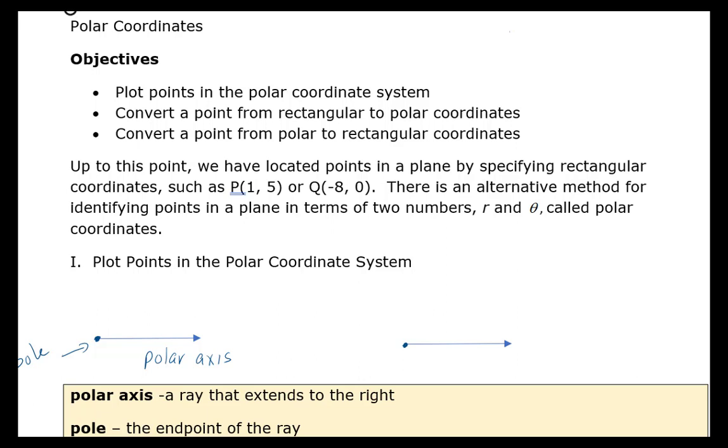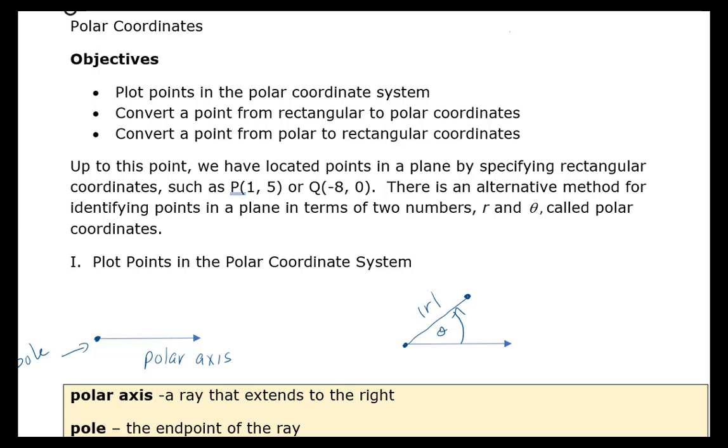So for example, I have a point I'm just going to plot here. The absolute value of r is the distance away from the pole. Theta is the angle that the ray makes with the polar axis.